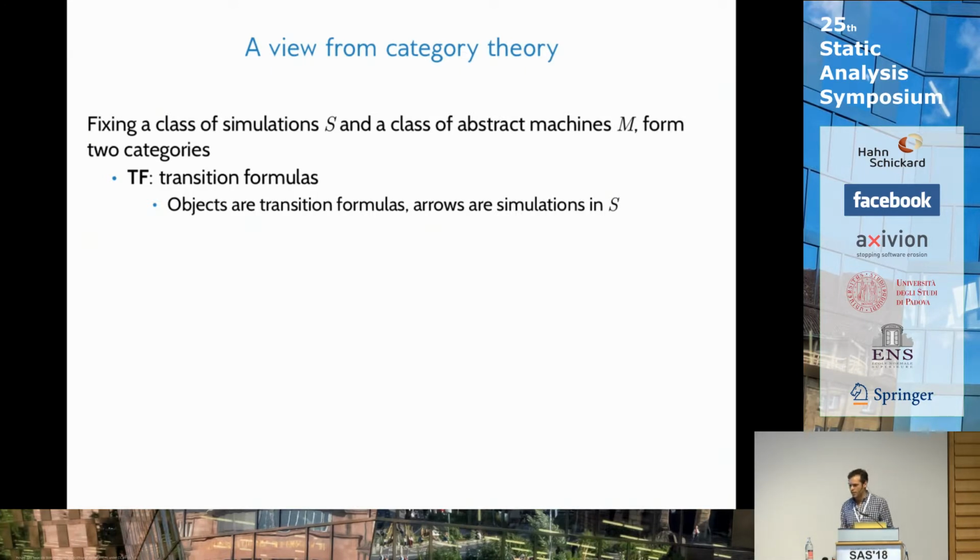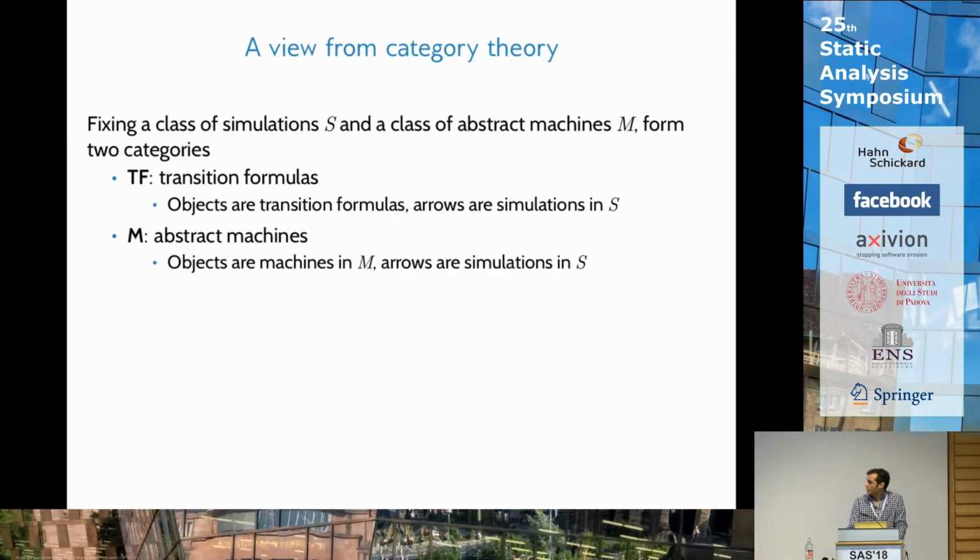And I think a clarifying view for this is to phrase everything in the language of category theory. So if we fix a class of simulations S and a class of machines M, then we can form two different categories. The first is going to be the category of transition formulas, where we take as objects transition formulas, and arrows are simulations belonging to S.